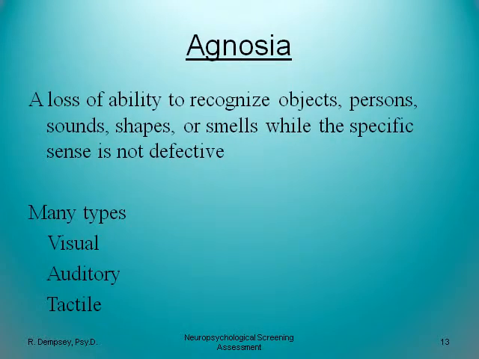So agnosia, the loss of ability to recognize objects, persons, sounds, shapes, smells, etc. There's many different types. Now agnosia shouldn't be misinterpreted as metacognitive awareness, the ability to appreciate and learn from your own ability to think or learn.